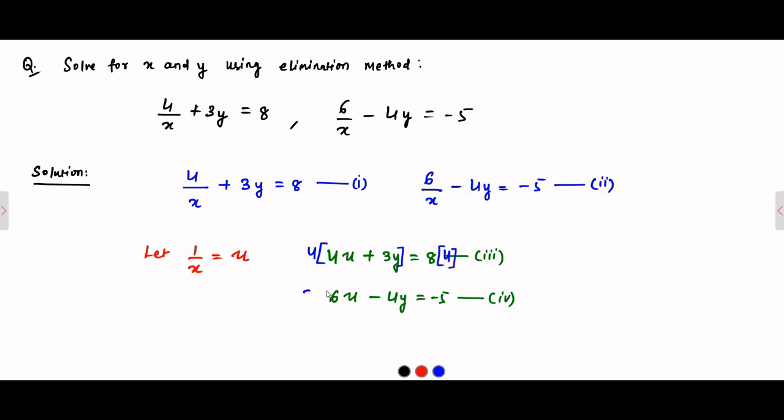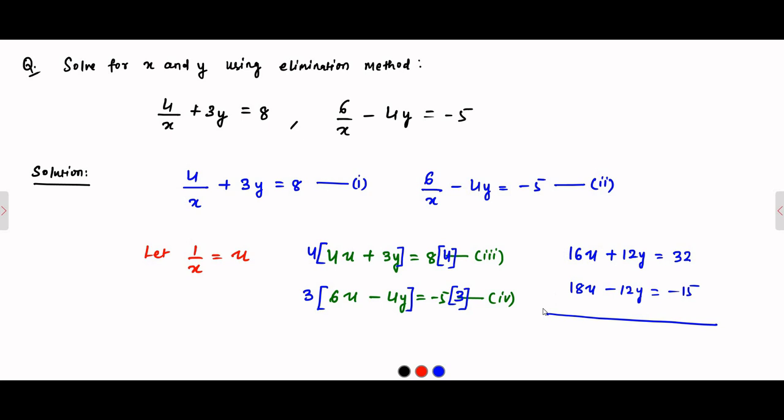Here we'll multiply by 3 in the LHS and 3 in the RHS. So we will have 16u plus 12y is equal to 32, and here we have 18u minus 12y is equal to minus 15.